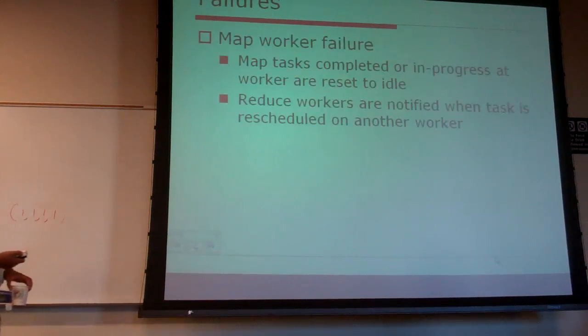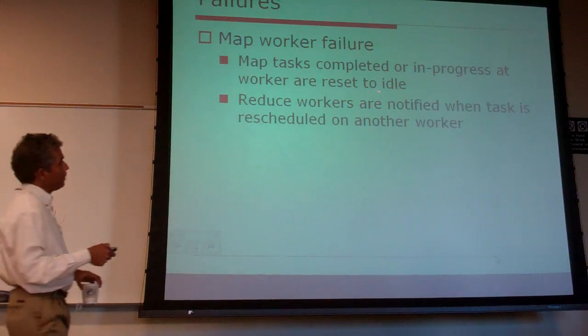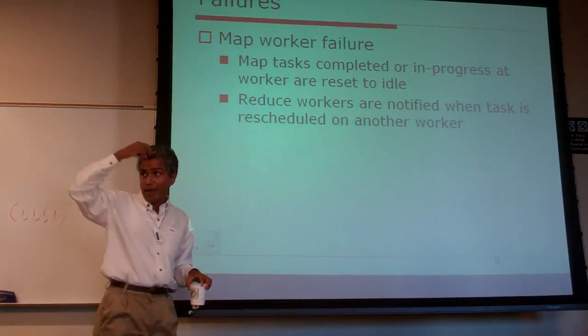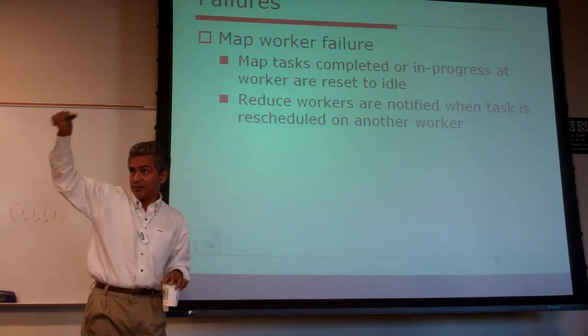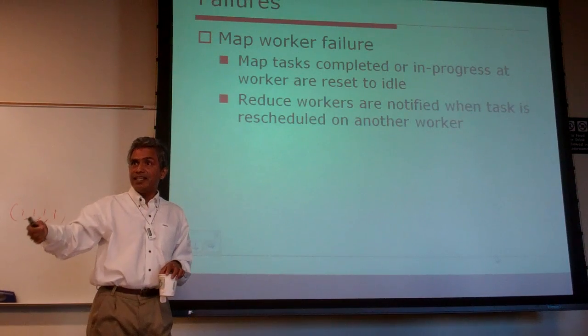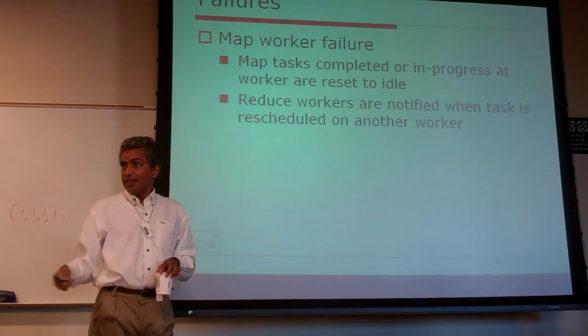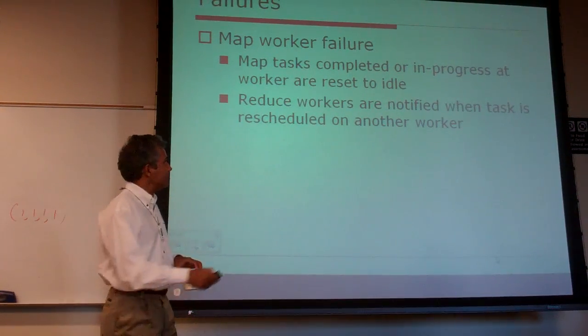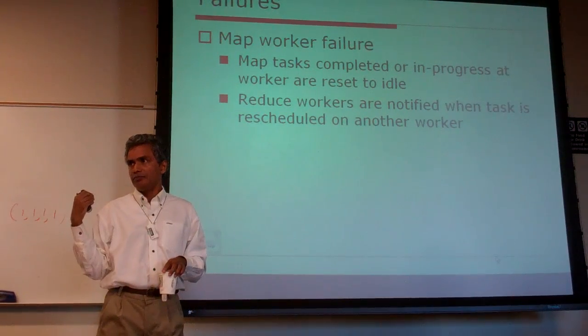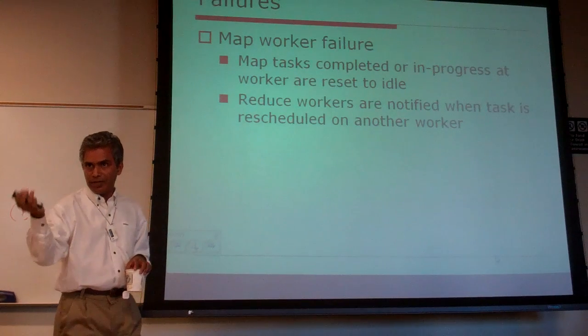So there are different kinds of failures. If a map worker fails, then the specific tasks that are completed or in progress at that worker are affected. Remember, the master remembers which parts of the map tasks are done by which CPU. When it pings that CPU and doesn't get a response back, it assumes it's dead, and then it just has to give that task to somebody else, a new worker.